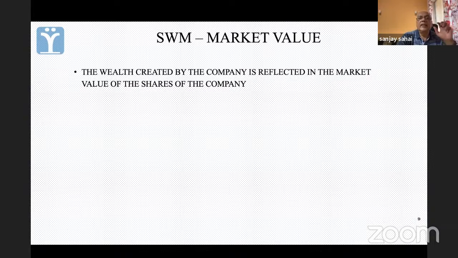Let us say that in the beginning, when you went to the market, your share had a value of 100 rupees. Each share had a value of 100 rupees. You sold a few lakh shares, and the market value of your company was the total number of shares that you sold multiplied by 100.